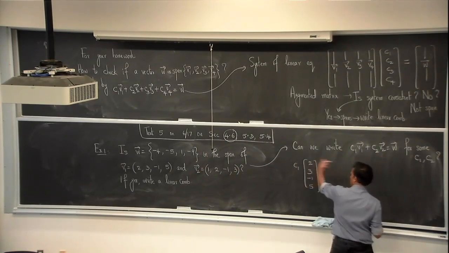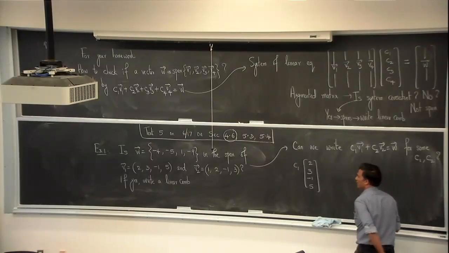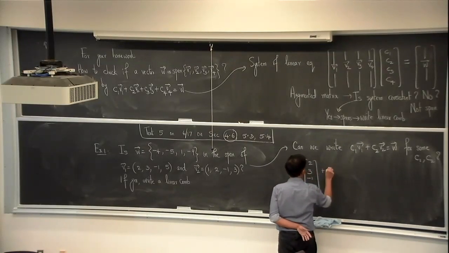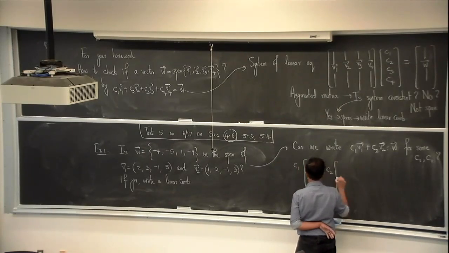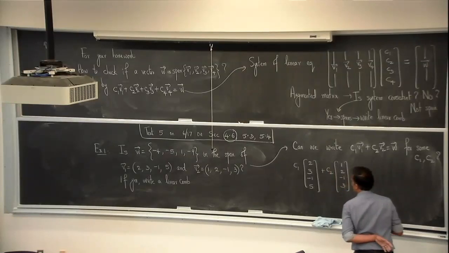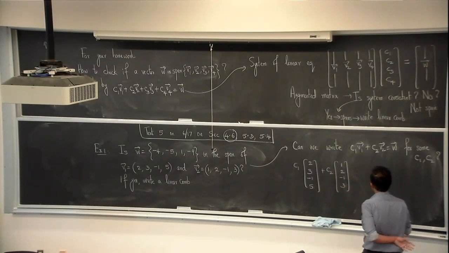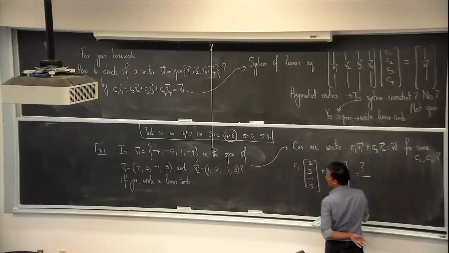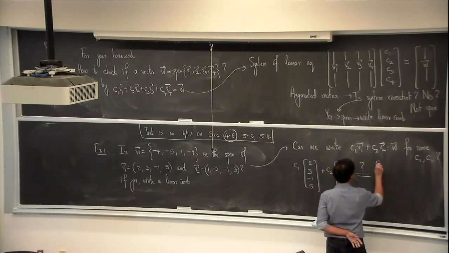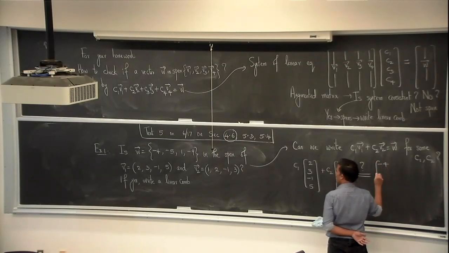It's not a row, it's a column. Plus C2 times 1, 2, negative 1, 3, question mark, because we don't know if this is possible, equal to negative 4, negative 5, 1, negative 9.